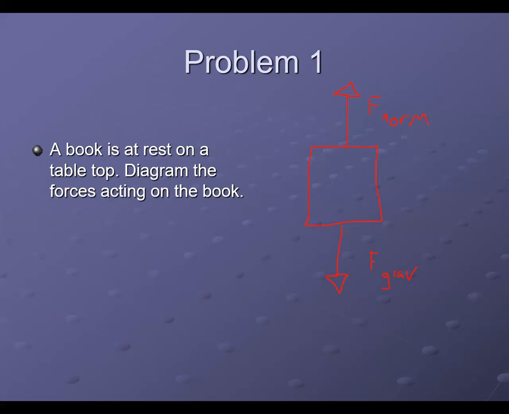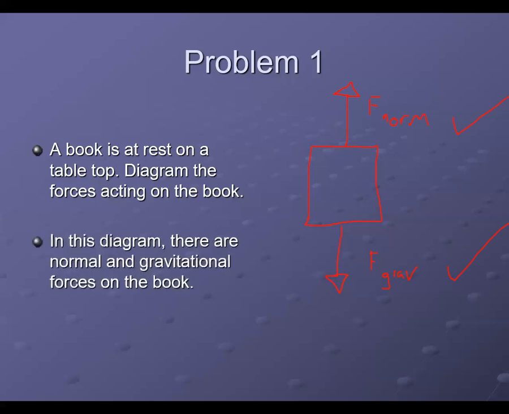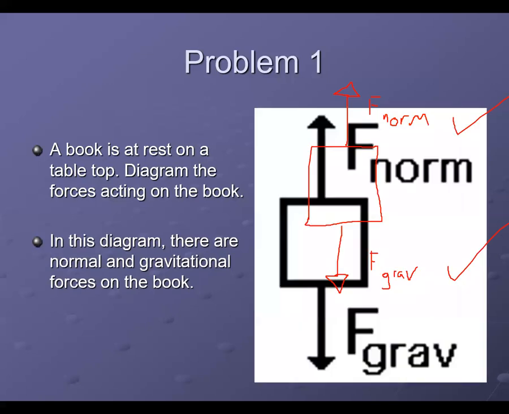So for a book resting on the table, it's not being pushed, it's not being pulled, so I don't see any other forces. I got my force of gravity, that's check. I got my normal force, that's check. If you notice, I tried to make these arrows about the same size because it didn't say it was moving. So these two are balanced. So it's not moving, it's not accelerating. Excuse me, I should say it's not accelerating. Okay, and that is the correct example for all the forces acting upon that. And that's what we can see with their example as well.